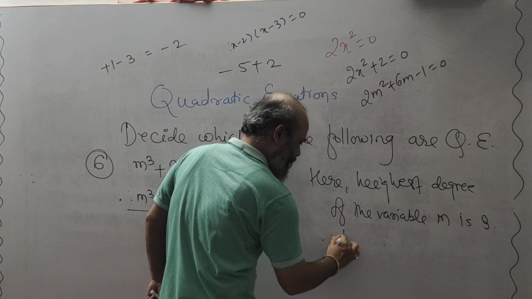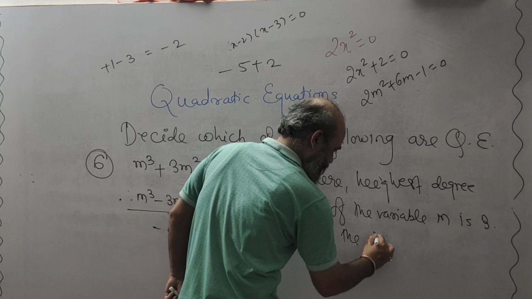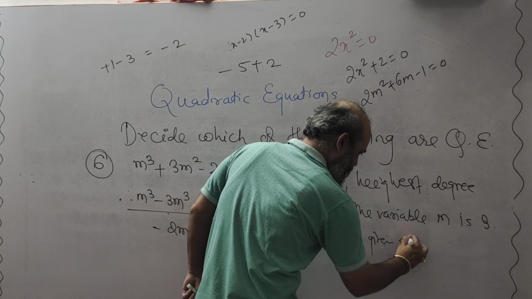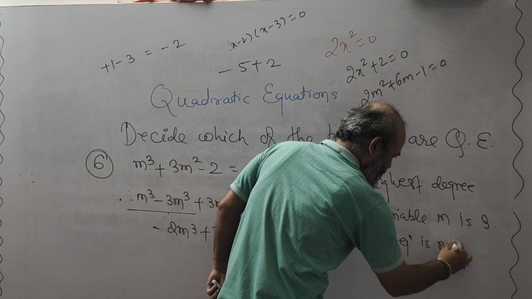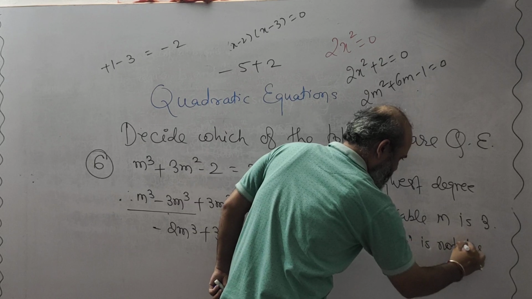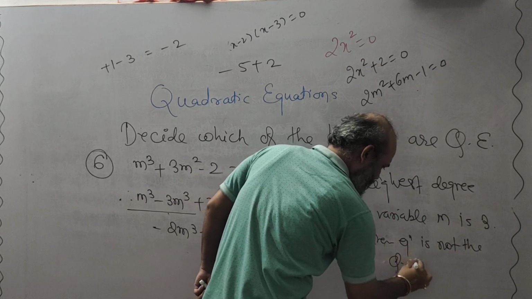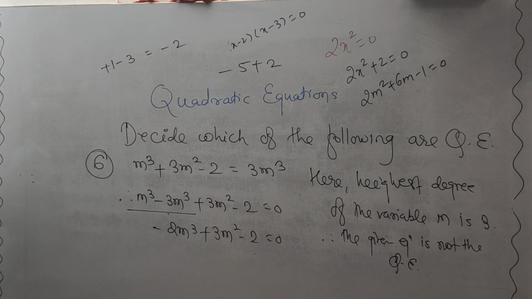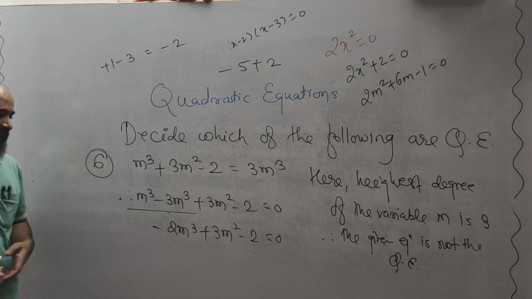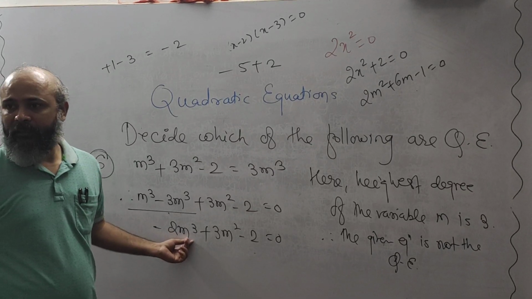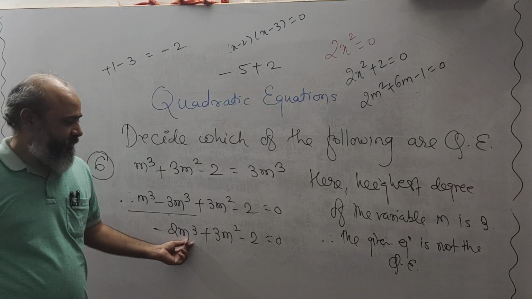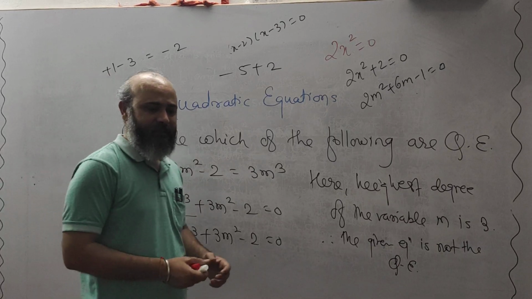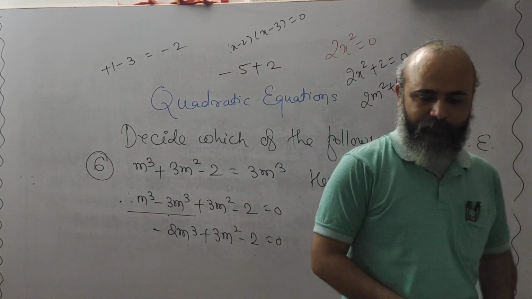Therefore, the given equation is not a quadratic equation. So minus 2m cube plus 3m square minus 2 is equal to 0. Here the highest degree of the variable m is what? 3. And then we'll say that the given equation is not a quadratic equation.